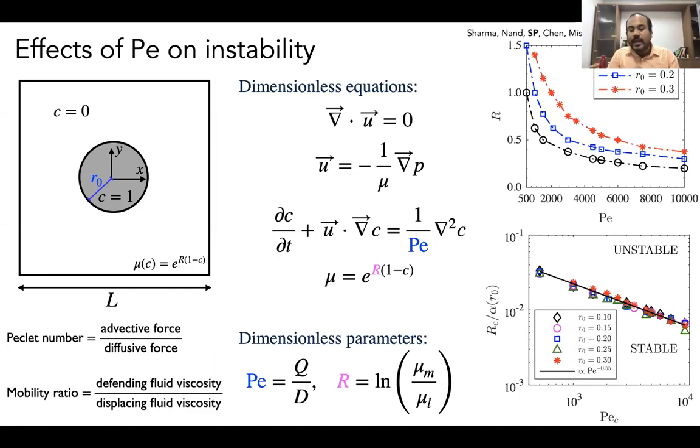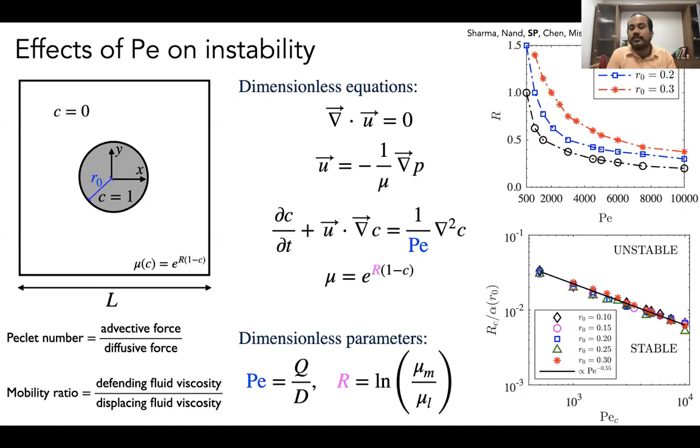So we ran simulations, and we started with different initial configurations, where the radius of the region where the concentration 1 is sitting has different values R0. Then we considered different scenarios to see how the instability patterns evolve.